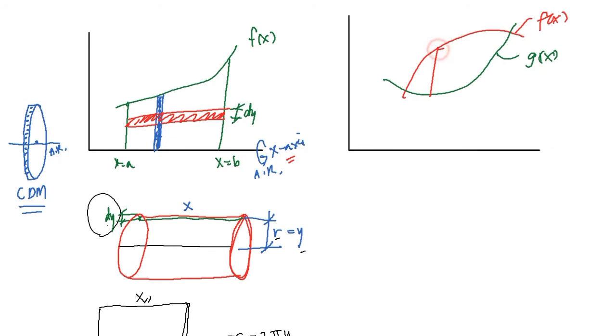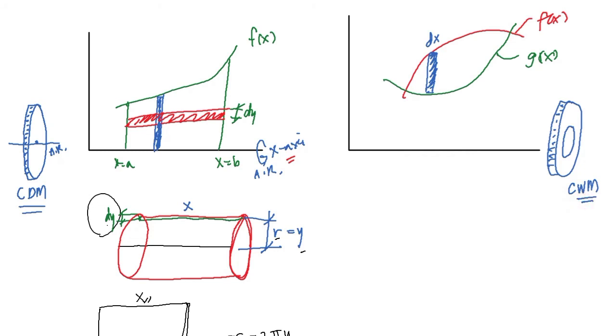So, kung kukuha tayo ng vertical strip, since this is the thickness of the dx, pag ito ay pinaikot natin, magkakaroon tayo ng, of course, a circular washer. This is a hollow solid of revolution. And of course, this would be computed using the circular washer method.